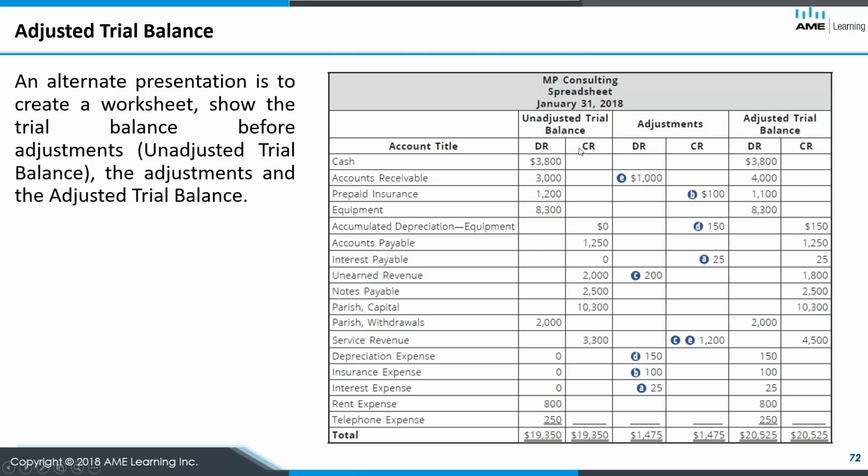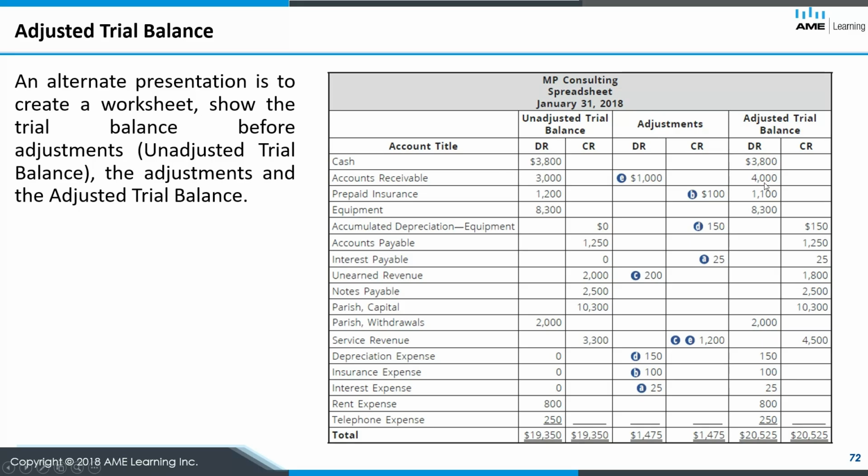And so now you can see it started with 0. We add 150 to increase the contra asset, and it ends up with 150. Similarly with expense, we had no expense to start. We recorded the expense with the adjusting entry. And so this adjusted trial balance ending is just taking the ending balance here.